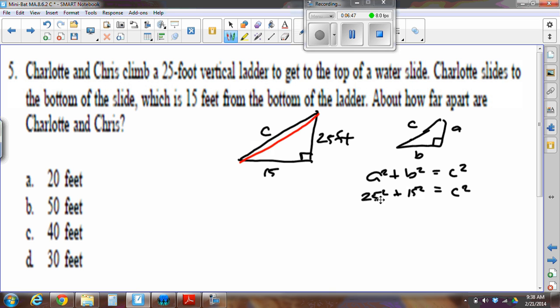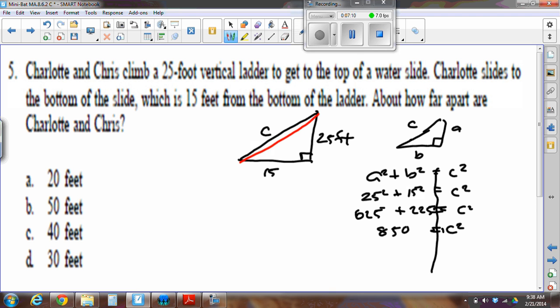And 25 squared, 25 times 25 is 625. 15 times 15 is 225, which should still be equal to C squared. I'm going to go ahead and put my division line so I don't cross over unnecessarily. So 625 plus 225 is now going to give you 850, which should still be equal to C squared.